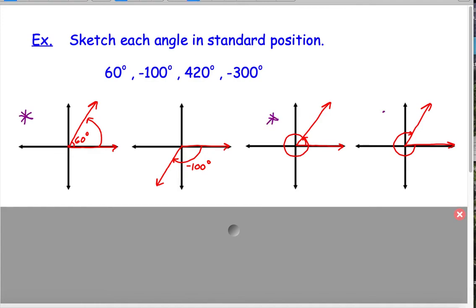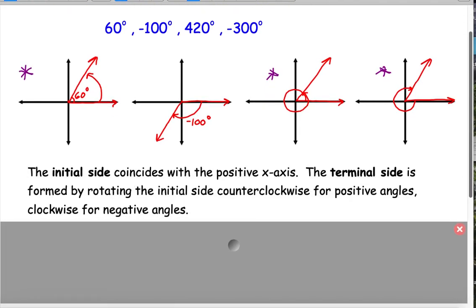Now you may have noticed these all seem the same. Talk about that in a second. So the initial side will coincide with the positive x-axis. The terminal side is formed by rotating that initial side counterclockwise for positive angles, and then just clockwise for negative angles.